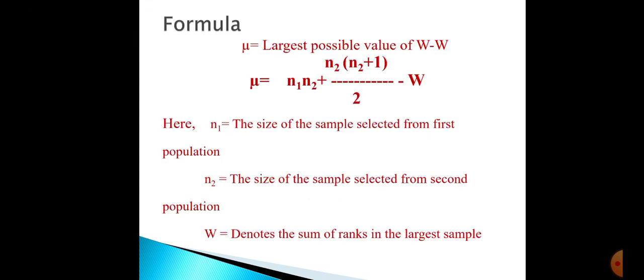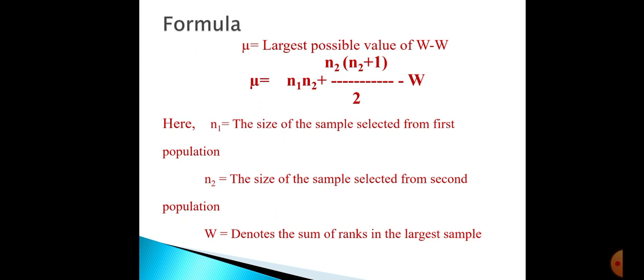This is the formula for the Mann Whitney test, where U is the largest possible value of W, N1 is the size of the sample from the first population and N2 from the second population, and W is the sum of ranks in the largest sample.